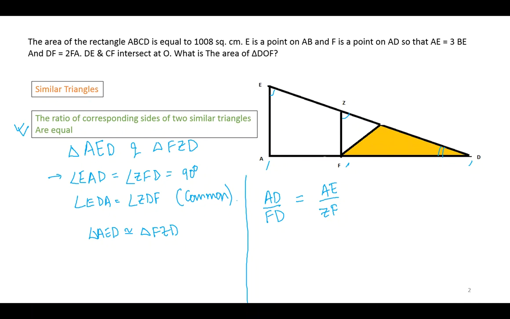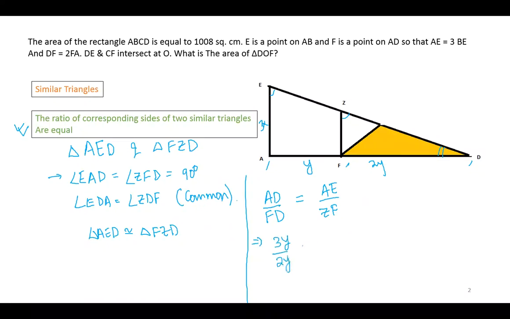Now notice something. I know that AE is equal to 3x from the previous diagram. I know that AF is equal to y. Sorry, I know that AD is equal to y plus 2y, which is 3y. And I also know that FD is equal to 2y. So I can put these values. I'll get 3y by 2y.